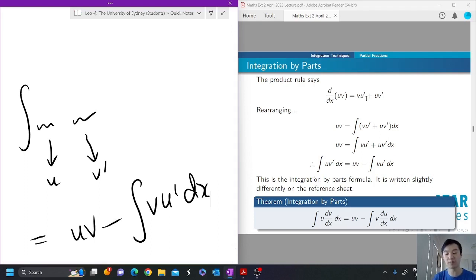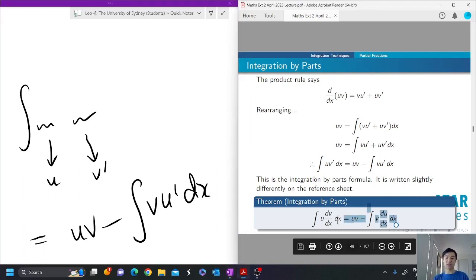And this all comes from the product rule, and then we just rearrange it. You can see here I integrated both sides. I said uv is equal to that thing, and then I took this to the other side and subtracted it. So basically it's on your reference sheet. This is what it looks like.